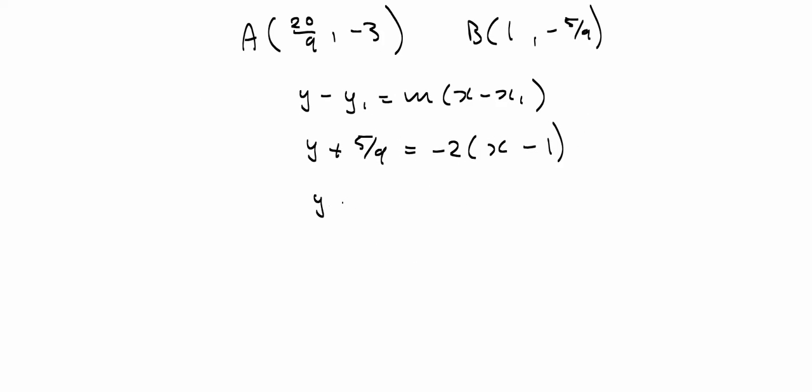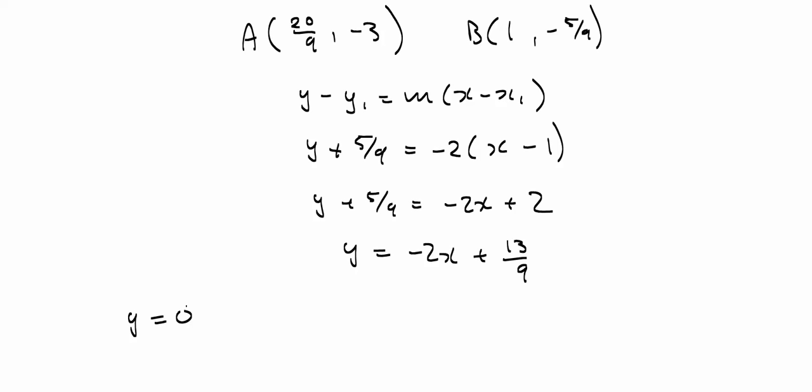Expanding the brackets, y plus 5/9 is minus 2x plus 2. So y equals minus 2x plus 2 minus 5/9, which is 18/9 minus 5/9, which is 13/9. So L will cross the x-axis when y equals 0.